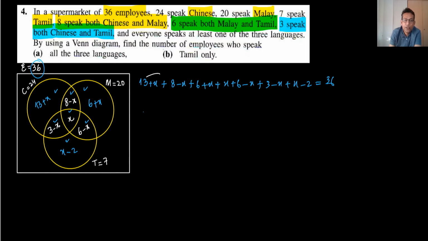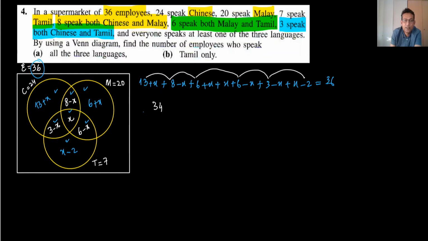So 13 plus 8 is 21 plus 6 is 27 plus 6 is 33 plus 3 is 36. 36 minus 2 is 34.